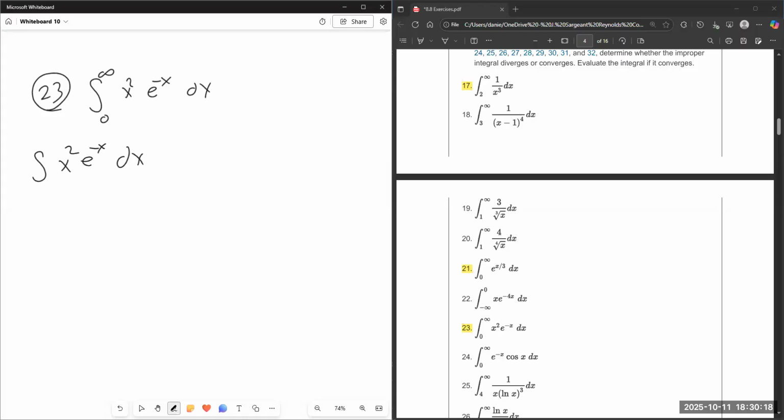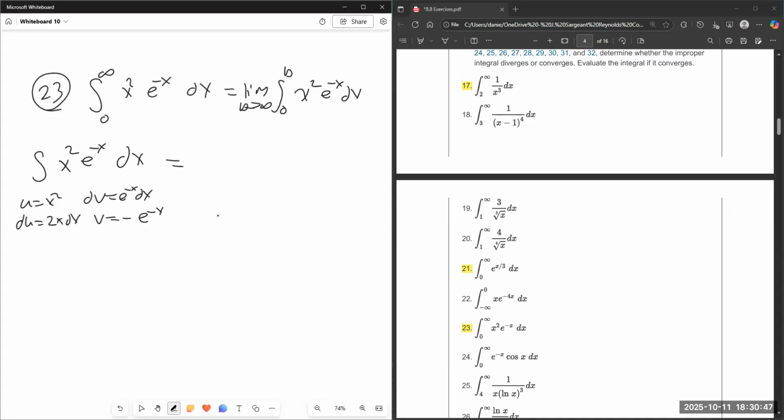So b goes to infinity, from 0 to b, x squared e to the negative x dx. u is equal to x squared, dv is e to the negative x dx, du is 2x dx, v is negative e to the negative x.